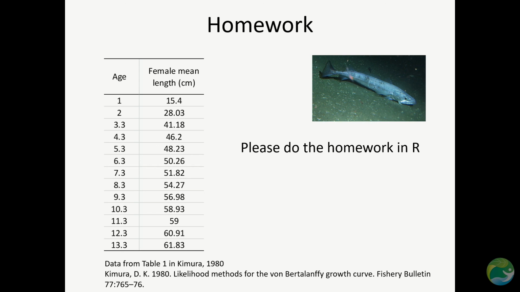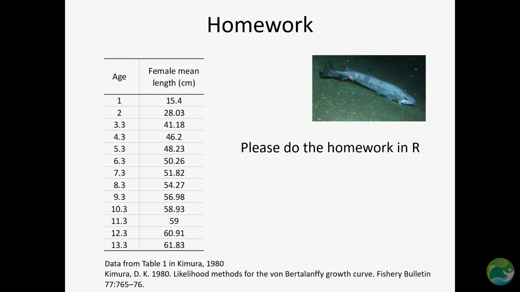The fish age and the fish length. Okay, so based on these two data sets, I want you to fit a Bomber-Lengthy growth curve to this growth data. And you have three parameters, L infinity, K, and T0.